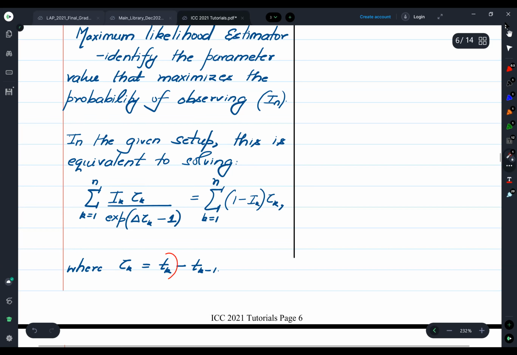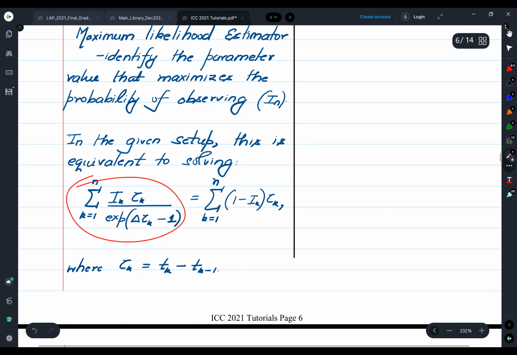Recall that the Tks are the times at which the crawler visits the page, so we know the value of tau k. You take Ik multiplied by tau k, divided by the exponential of delta tau k minus 1. Is that okay?